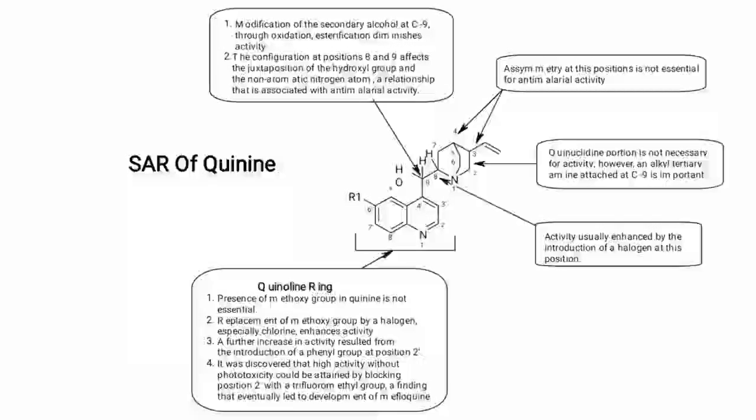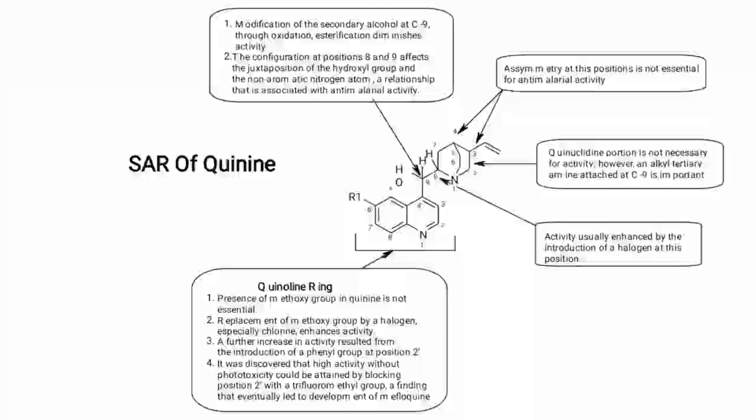So the quinoline ring. The presence of a methoxy group in quinine is not essential. If we add a methoxy group here, that is not essential, and it will not give the desired pharmacological activity.